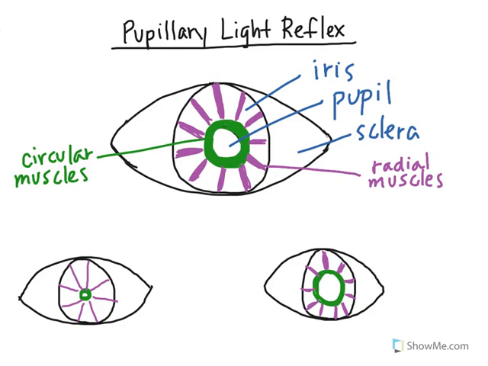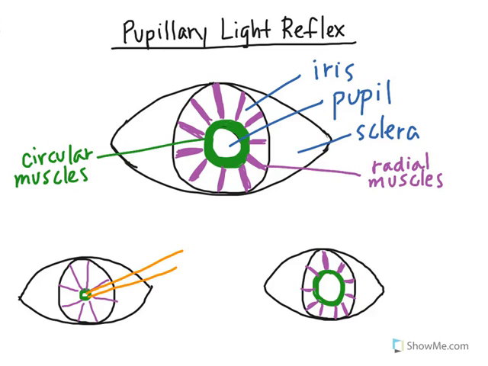So if the circular muscles contract, the pupil gets smaller, as shown in the diagram in the left-hand corner. So when the pupil gets smaller, only a little bit of light is able to get in.